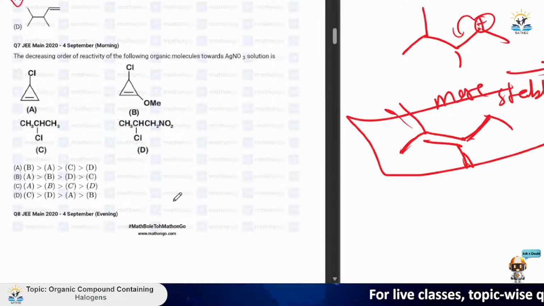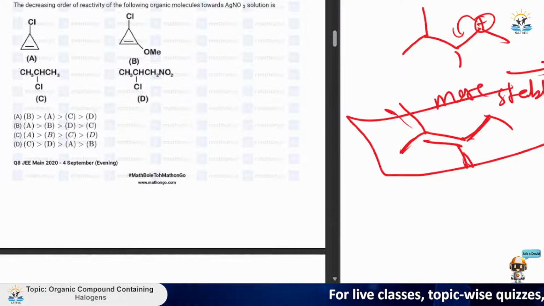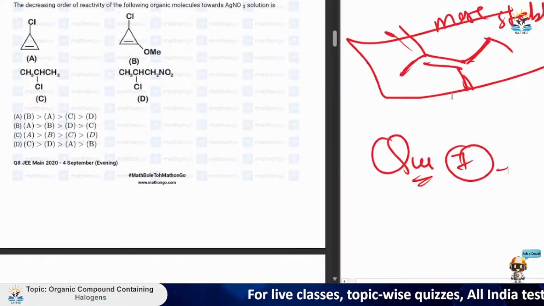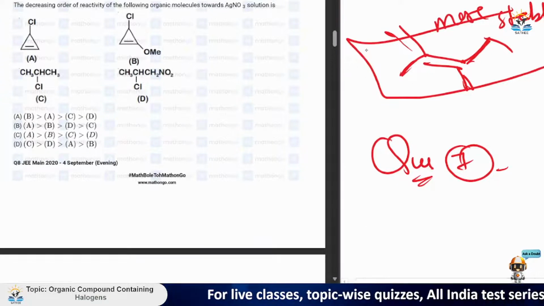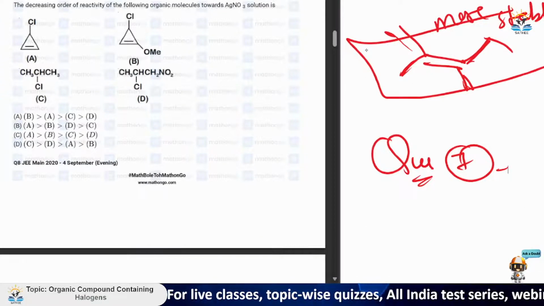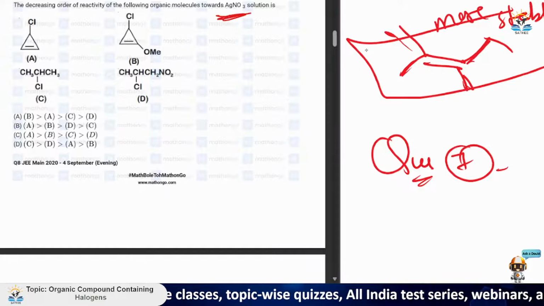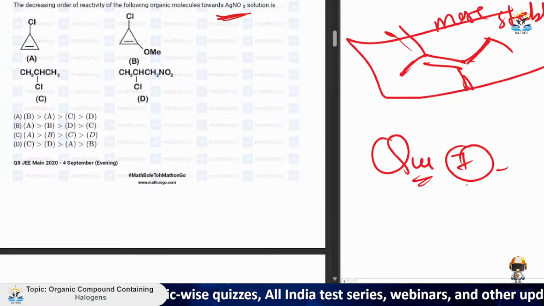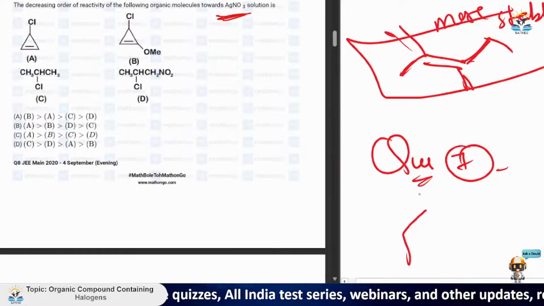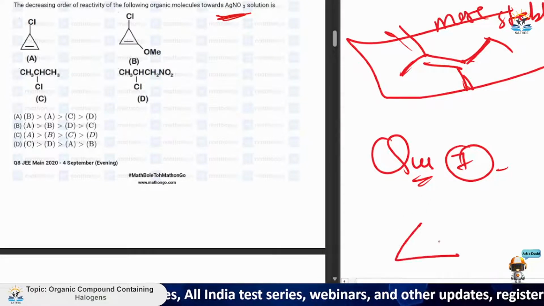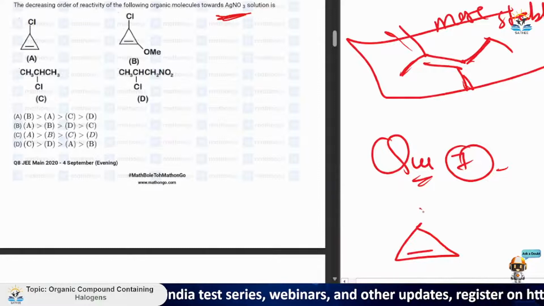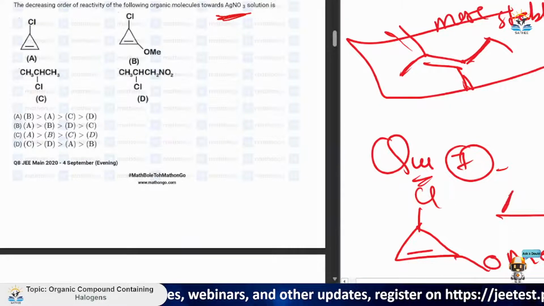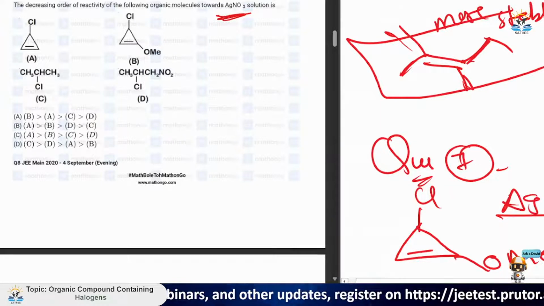Now let's try to solve one more question, question number 7. This is a question about the decreasing order of reactivity towards AgNO3 solution. Let's first solve part A. We have a tertiary triangular-shaped structure connected with OMe, and we pass AgNO3 solution.